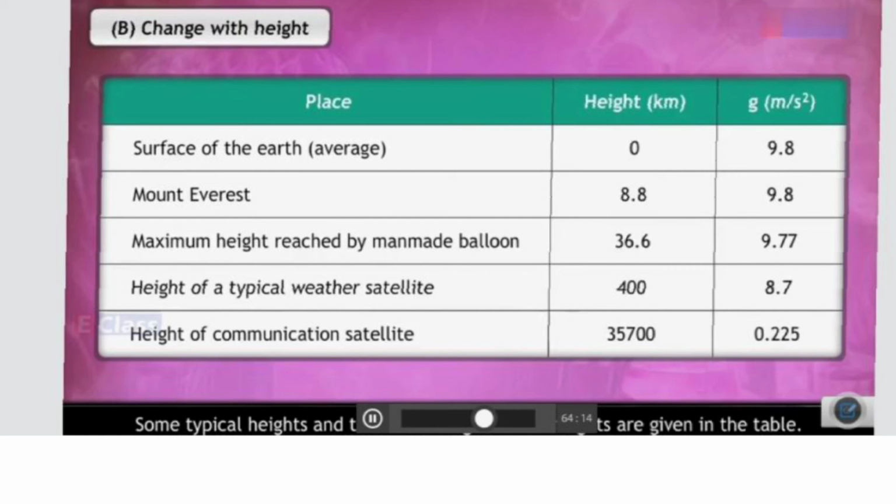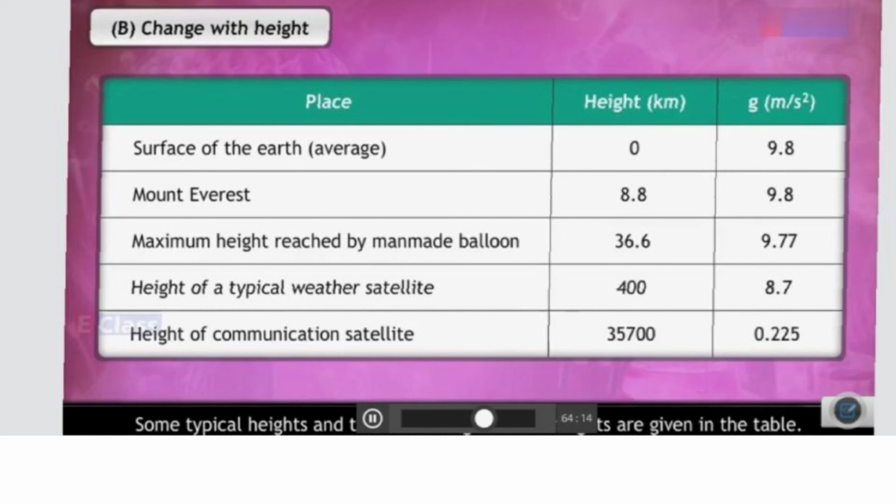And if you take a maximum height reached by the man-made balloons, helium balloons, how far does it go while flying? Suppose it is 36.6 kilometers, then if you just calculate it, it will be 9.77. But if we'll talk about the normal weather satellite, which is around 400 kilometers away, the value of g comes out to be 8.7.